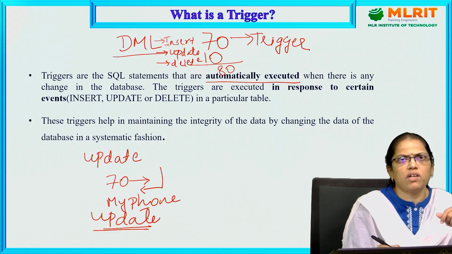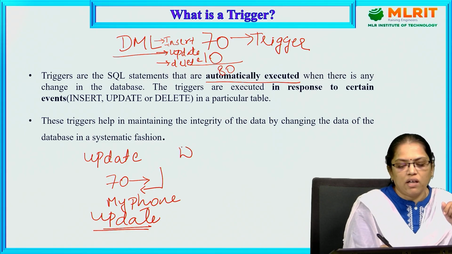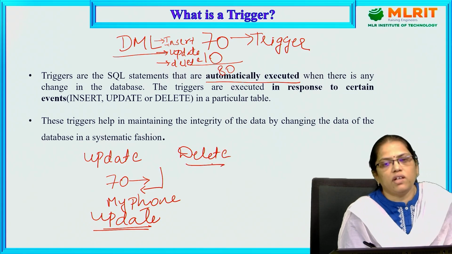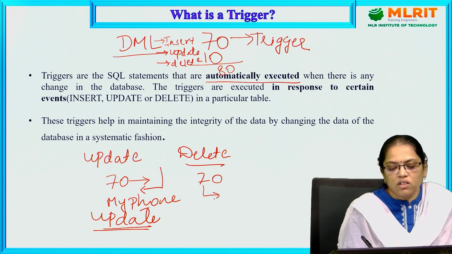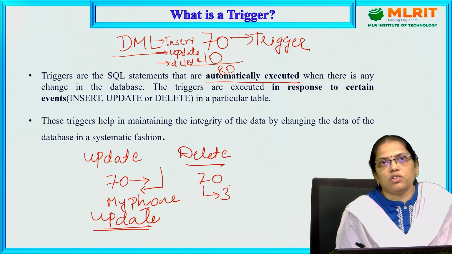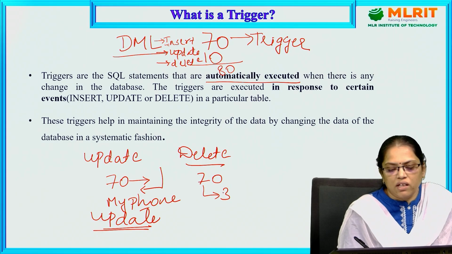And the next one is delete, right? Let me explain this through an example. Let us take the same example of 70 students. 70 students are there, out of which 3 students have shortage of attendance and they are detained, right? So whenever these students enter into the second year, the count should be 70 minus 3, 67 students.